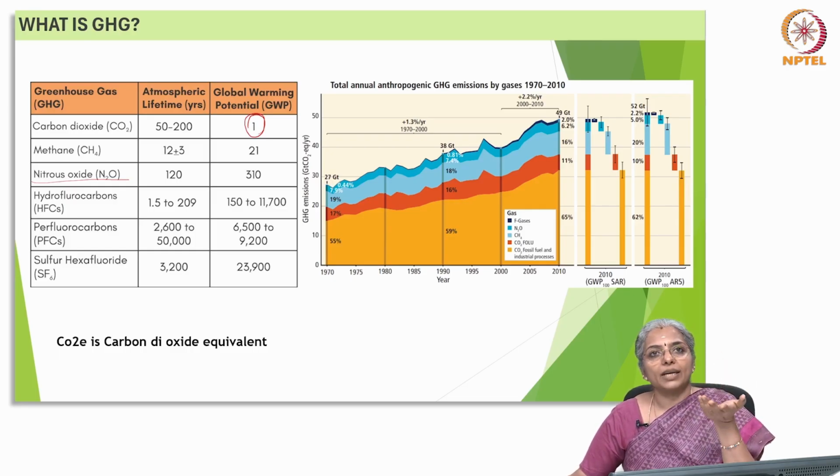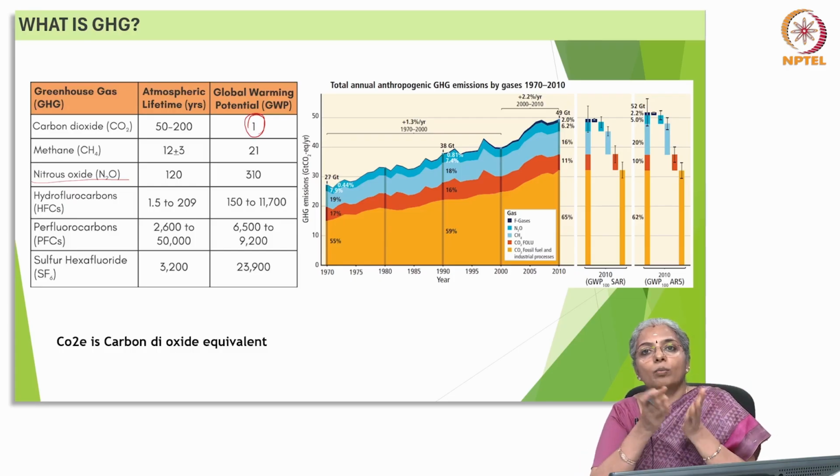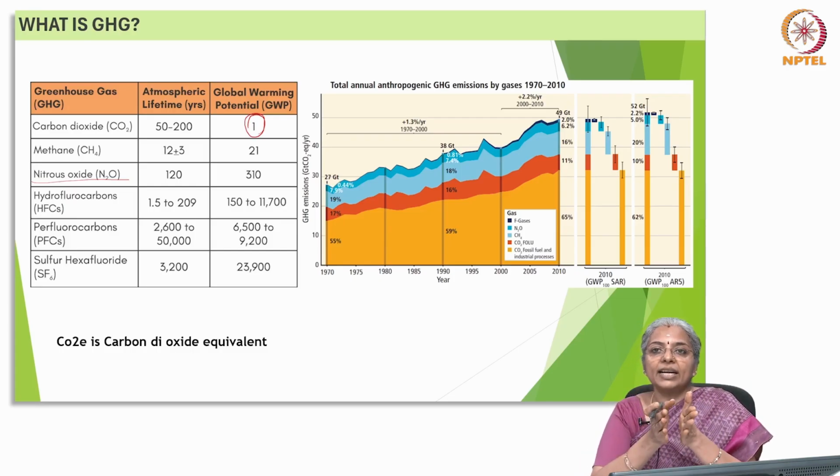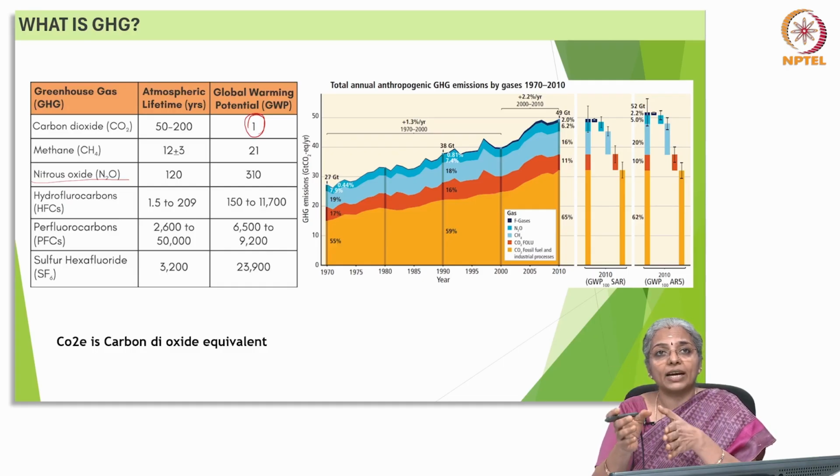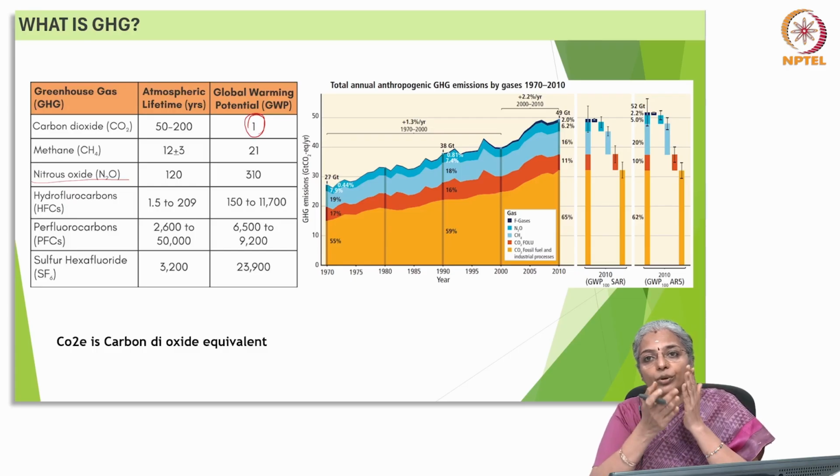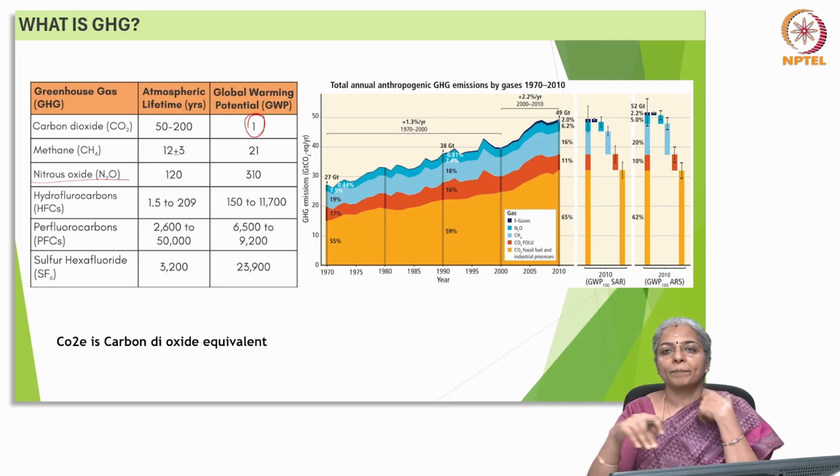So what does it mean? A higher global warming potential indicates a more intense warming effect as compared to carbon dioxide. So this is a standardized metric and it helps us to evaluate the various contributions of greenhouse gases to this phenomenon called global warming.